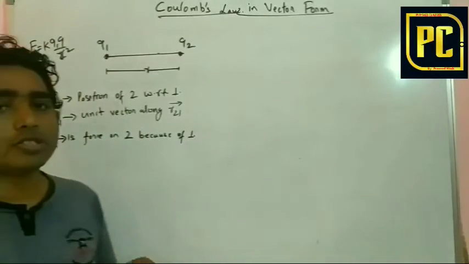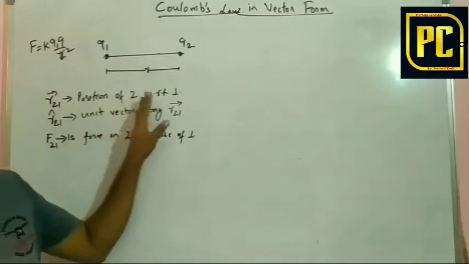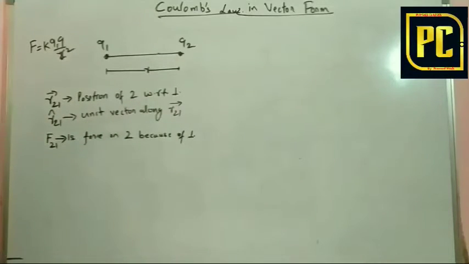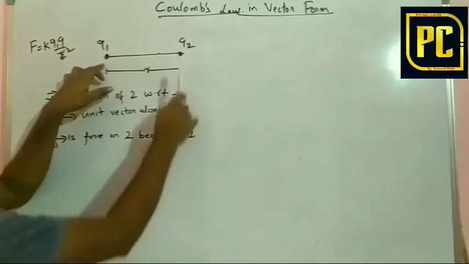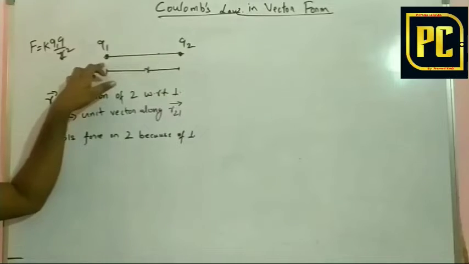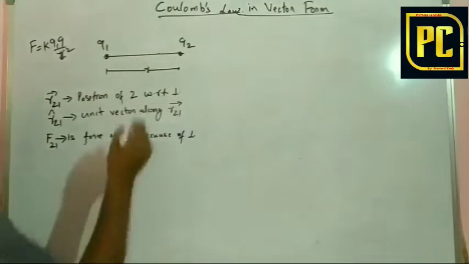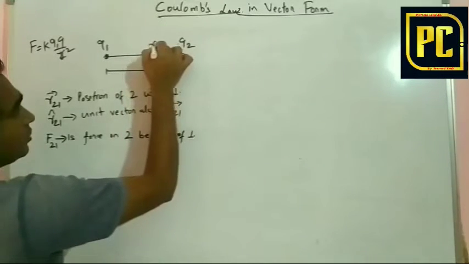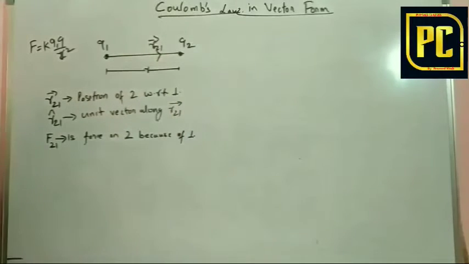So here we will assume R21 is the position of 2 with respect to 1, that is, the position of 2 when a person looks from charge 1 to Q2.